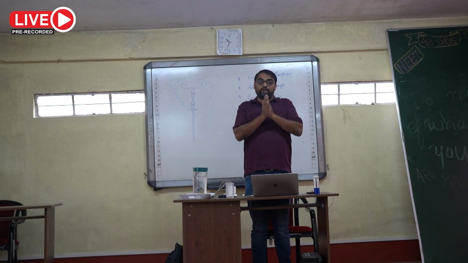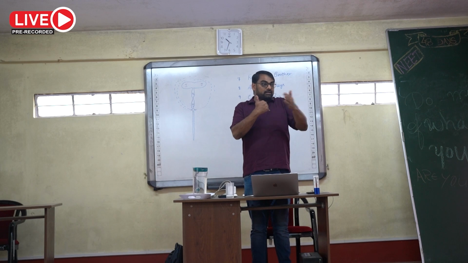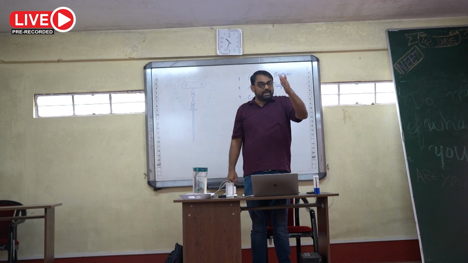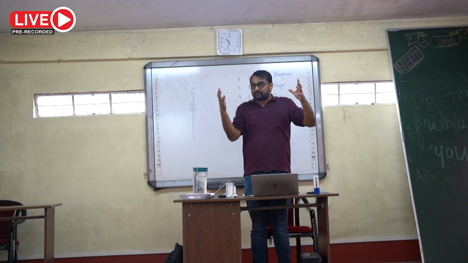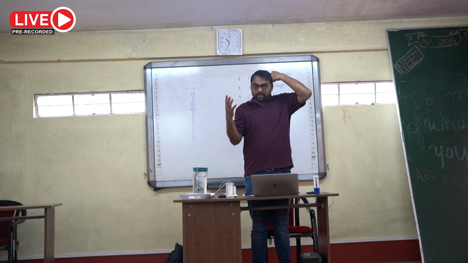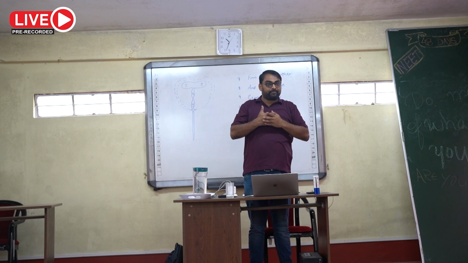So the cerebrospinal fluid throughout the central nervous system is in between the pia mater and the arachnoid mater. There are 3 layers of covering for the brain and spinal cord. The outermost tough covering is dura mater. It will protect the brain from impact. So it will take the first impact.